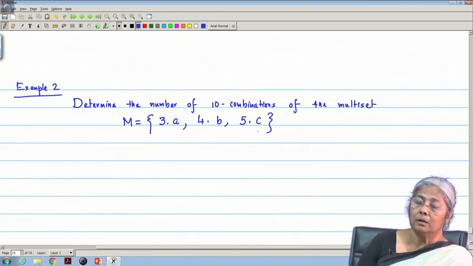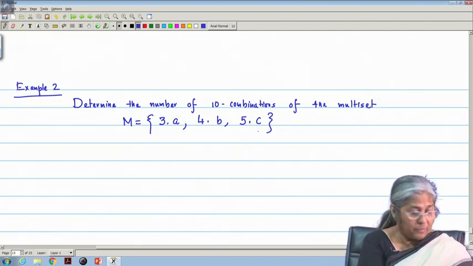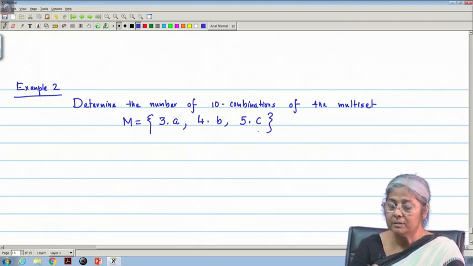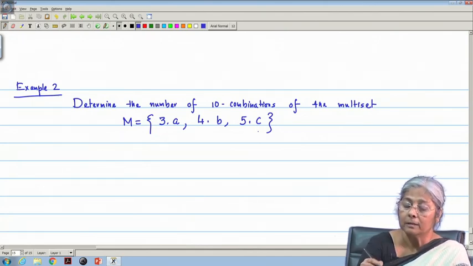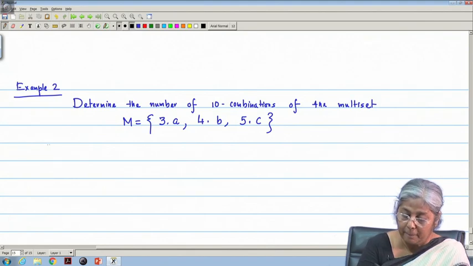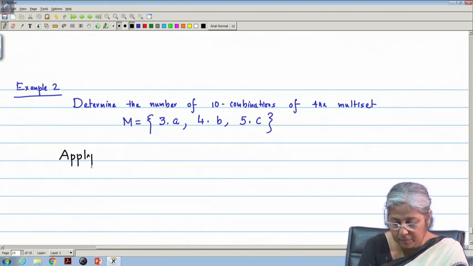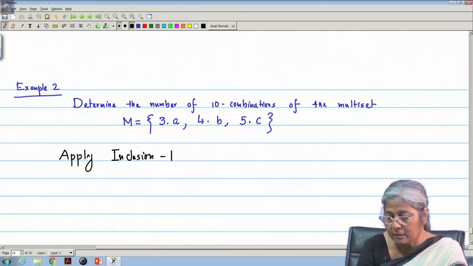Here the problem is this, and we will apply the inclusion-exclusion principle. So, a different solution technique we will be using here.